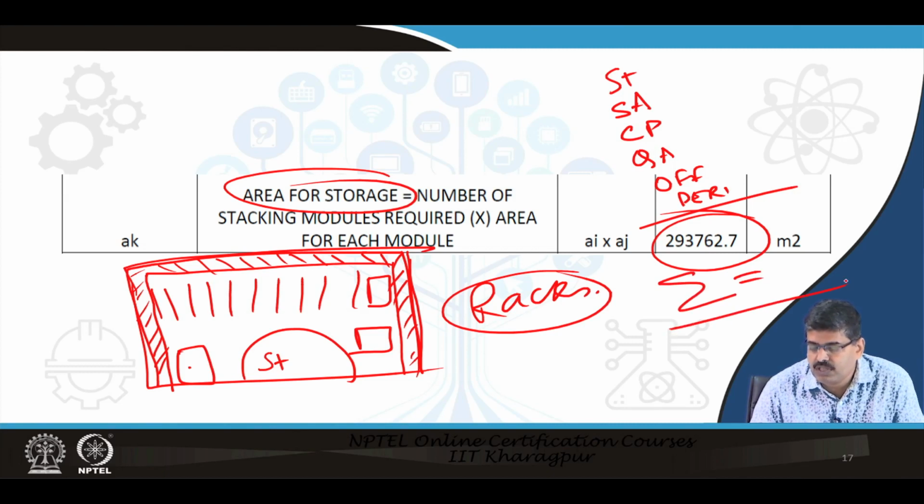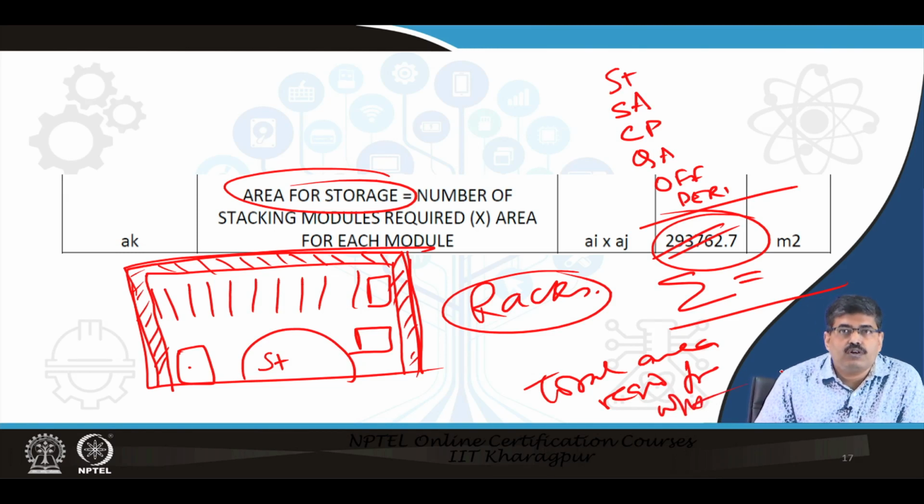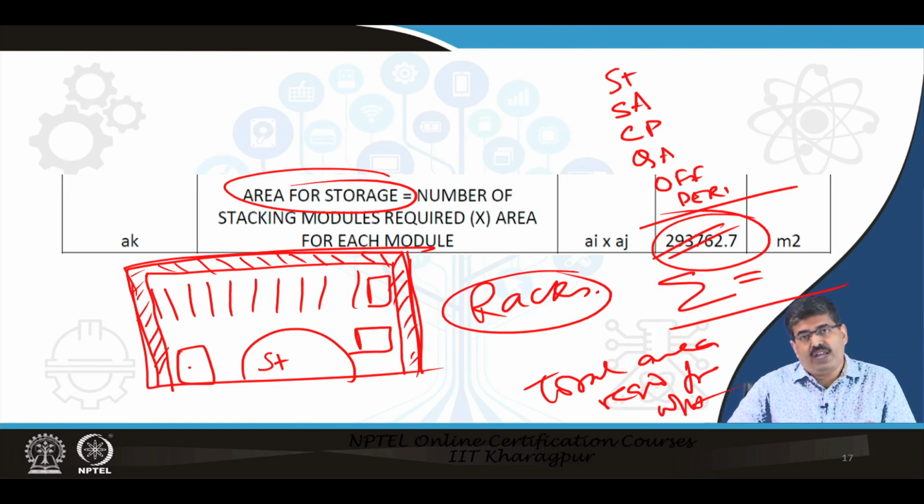Summation of all this is your total area required for warehouse. Okay. Is this clear?